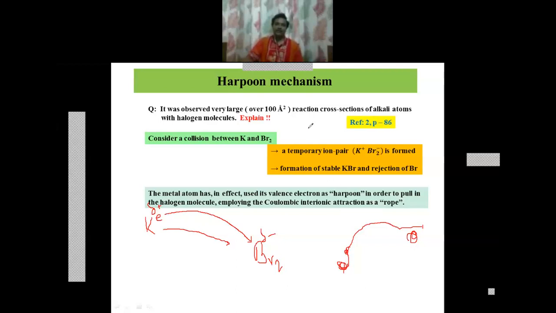that we proposed for this kind of reaction, where the alkali atoms collide with halogen molecules and the reaction cross section is quite large.